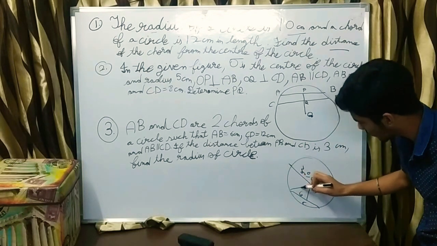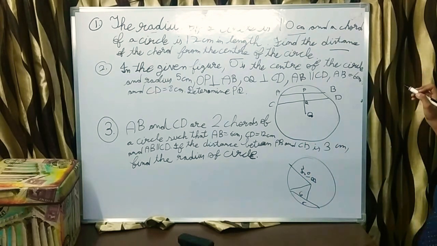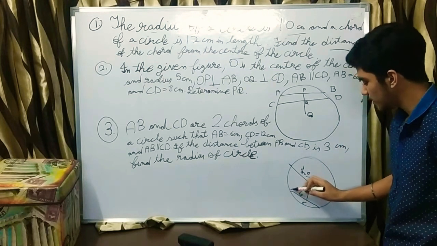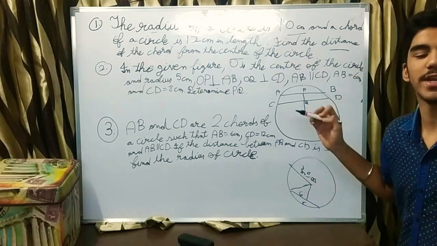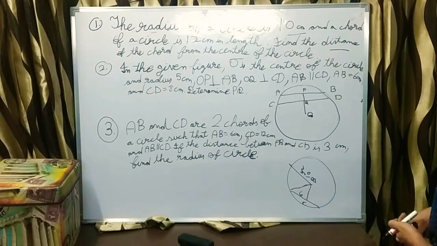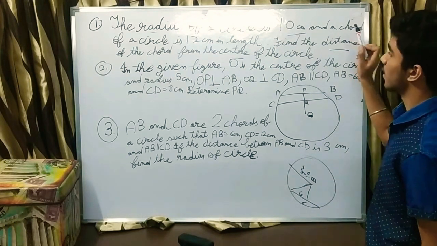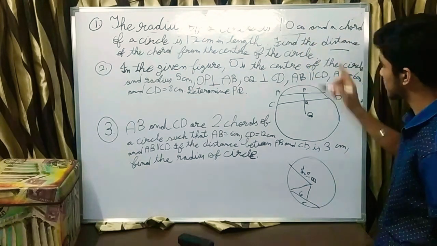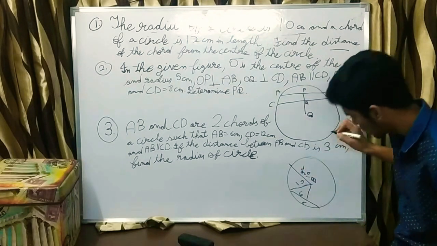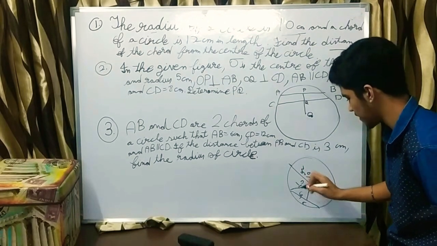Now we can draw a triangle here to simplify. If we see, this line is also a radius, so its value would be 10 centimeter. So this is 6, this is 10 centimeter.